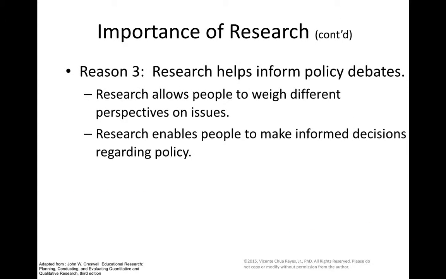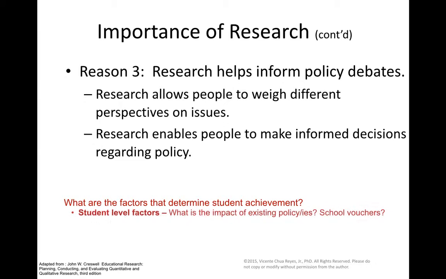The third importance of research is that it helps inform policy debates. Research allows people to weigh different perspectives on issues. Research enables people to make informed decisions regarding policy. Going back to that question again, if you focus on student level factors, we can ask a question, what is the impact of existing policies? In different parts of the world, they offer what is referred to as school vouchers.